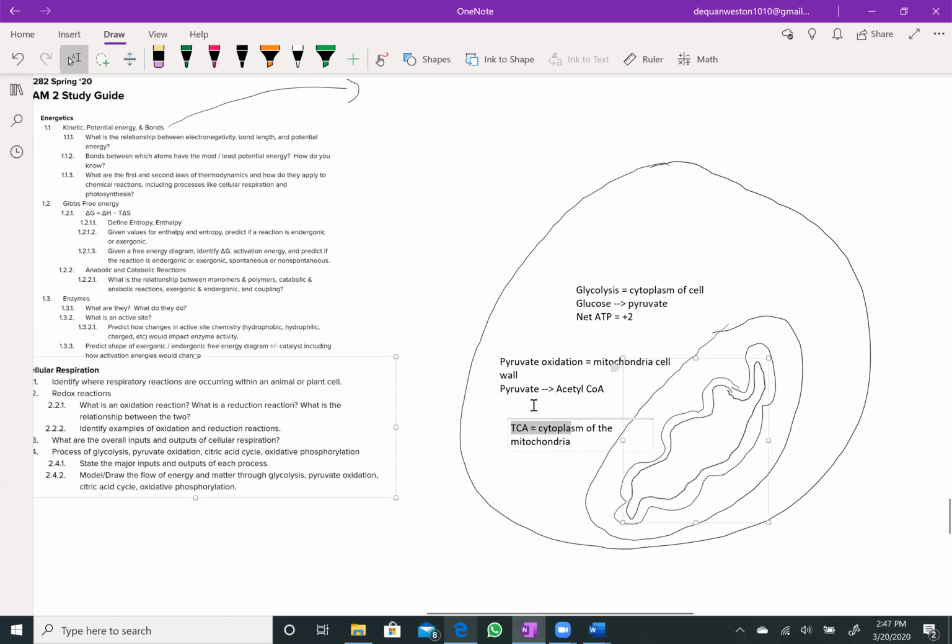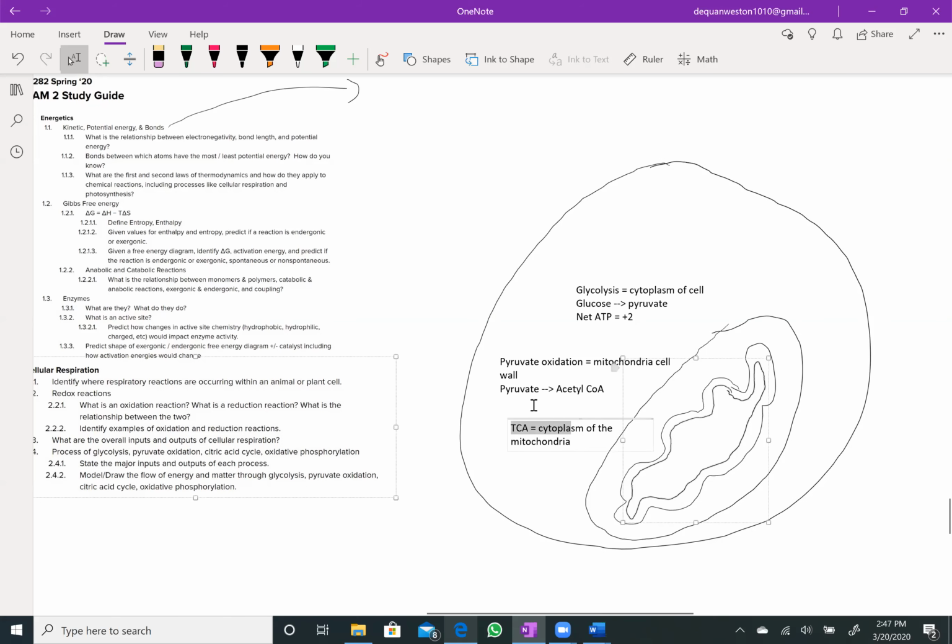So the TCA cycle, we'll go take a look at it. It can get a bit confusing. Don't necessarily memorize this. Wait till biochem to memorize all this. But just know the main important things, which are your redox reactions and your energy carriers.